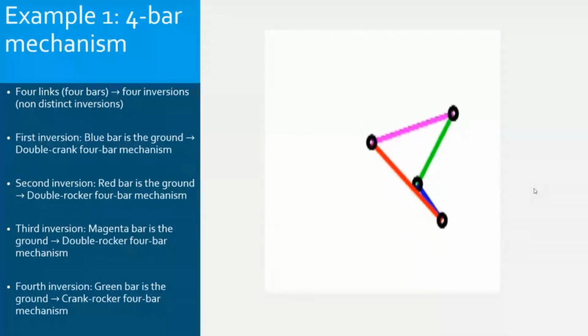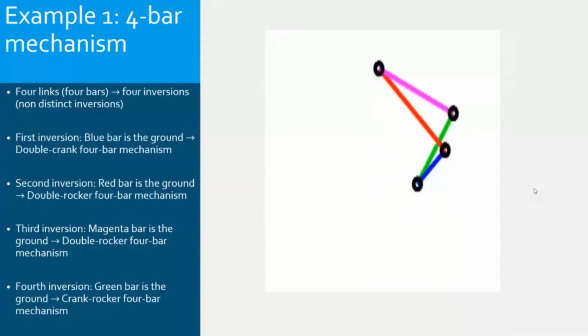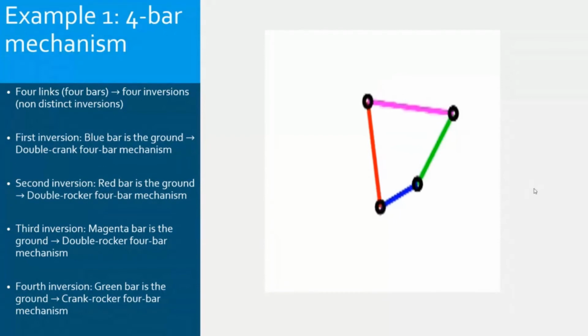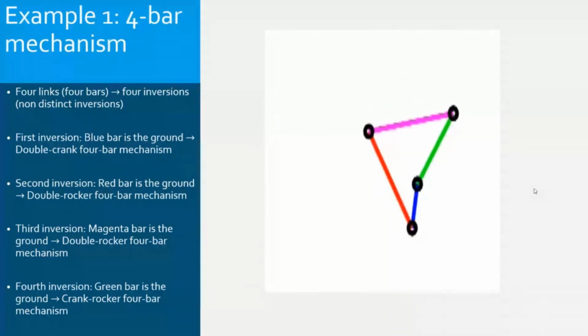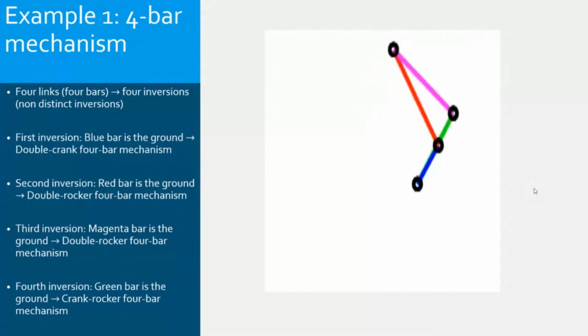The inversions of a 4-bar mechanism are similar because they will always give the same type of motion regarding the nature of motion. The motion is always rotation for bars, but it's a little bit different from each other because they can affect the range of rotation for the links, and they can lead to a double crank, double rocker, or a crank rocker mechanism.